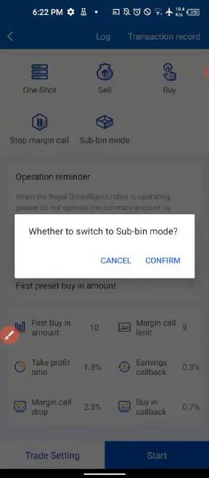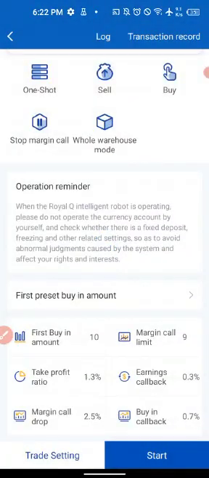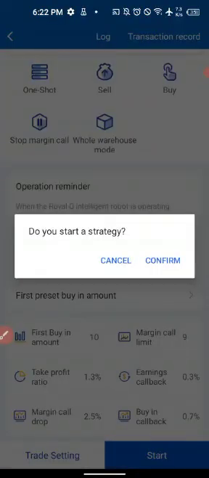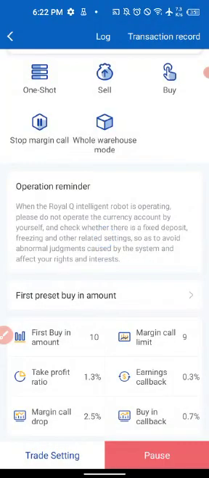Once I click on sub bin mode, I'll confirm this and I'll start my trade. Very simple. I've set a trade on a particular coin, and that is it. As simple as that.